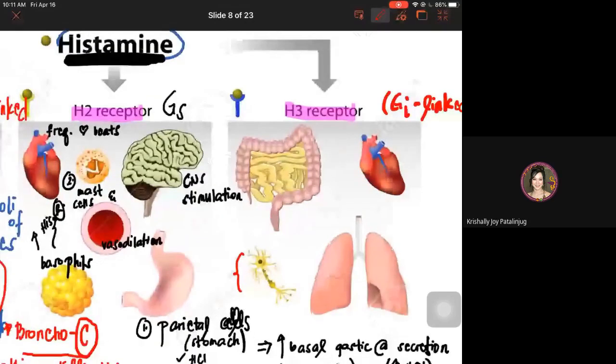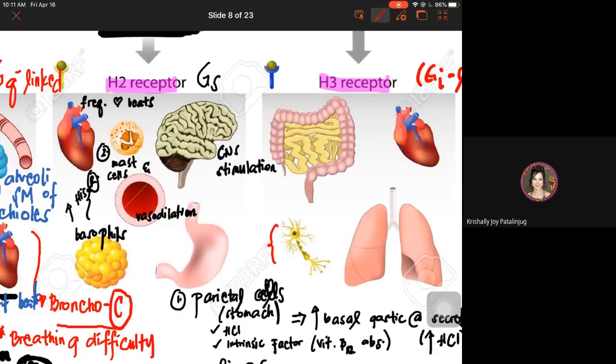Okay? That actually symbolizes the presynaptic neuron. So I will write it down. Number 1, its location. And again, the histamine 3 receptor is mostly pronounced or most dominant in the presynaptic neuron.